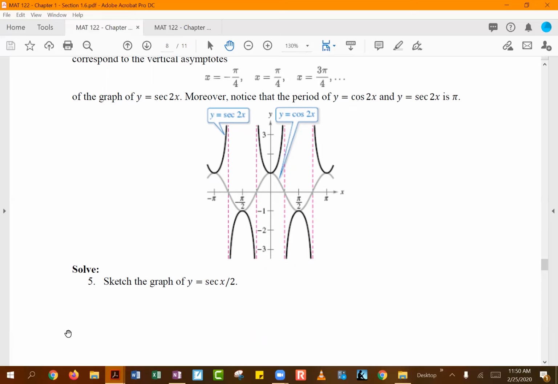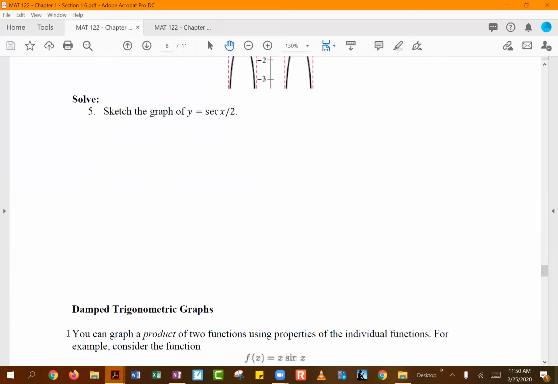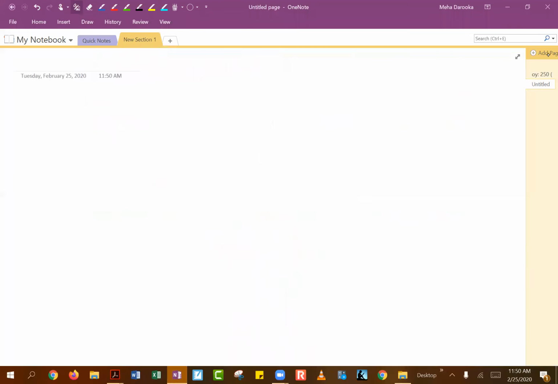So we're doing something similar with y equals secant of x over 2. So let's go ahead and see what our values are going to be here.